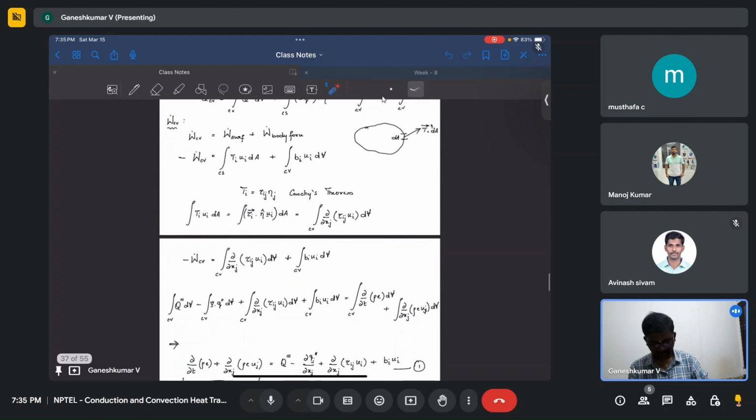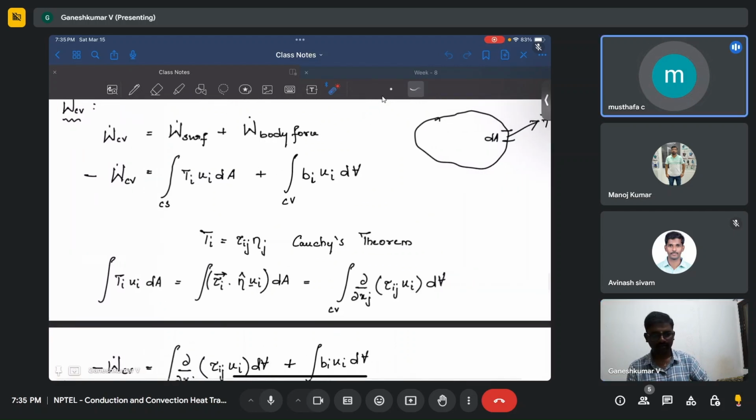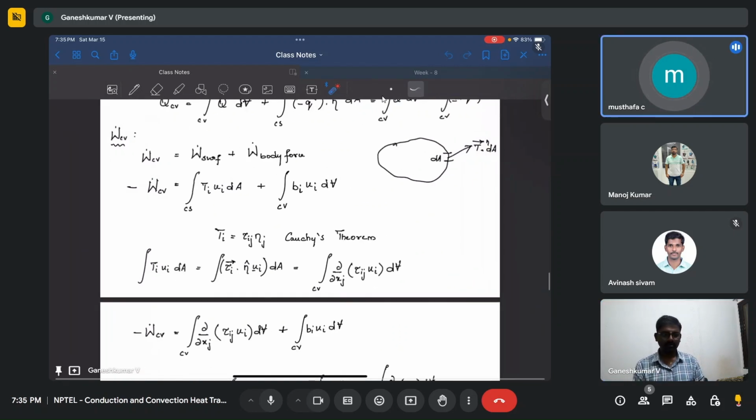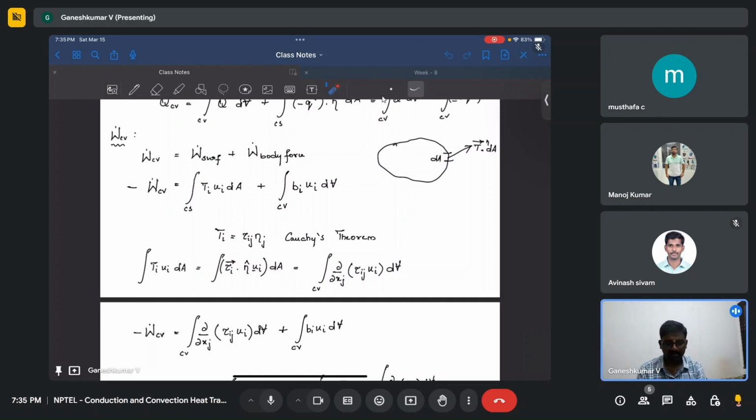You understand my point? That means dP by dt, can we say it as flow work? It's a work, right? Yes, we can say it's a flow work, but that is a flow work in the enthalpy equation.